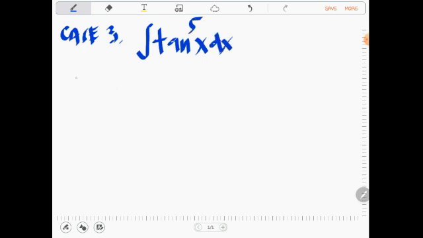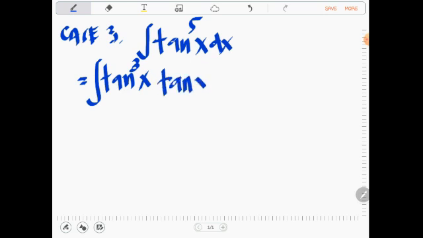So, in this case, we can rewrite this as tangent of x raised to, minus 2 kasi tayo dyan, di ba? So, raised to cube. Then, copy mo lang yung natira, tan of x, may natirang dalawa, then dx.